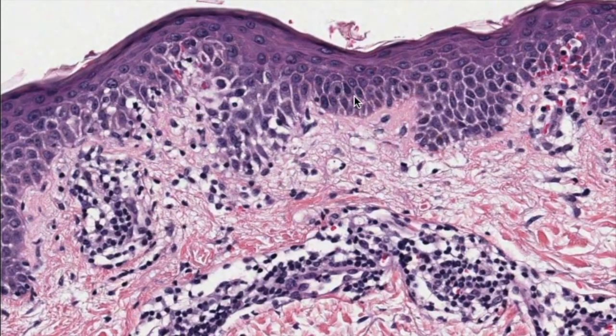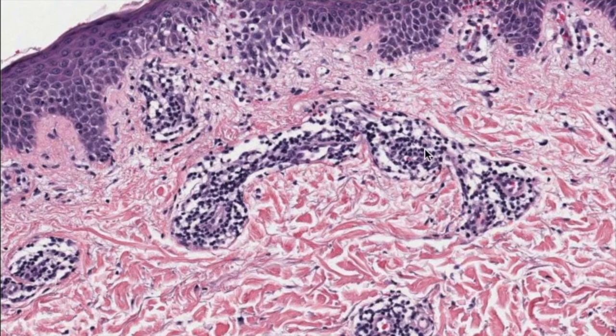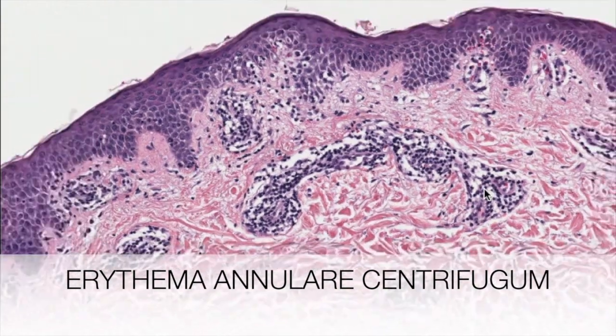On high power, you start seeing that the epidermis appears spongiotic, and we have some inflammation. So what's going on with this vessel? If you remember, we talked about the coat sleeve pattern. So this is Erythema Annulare Centrifugum.